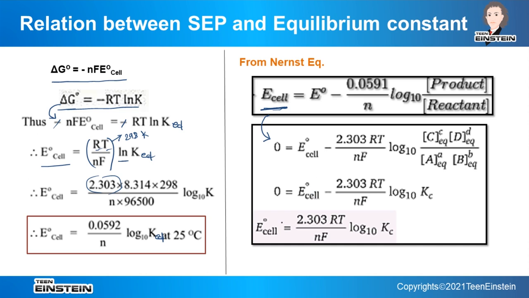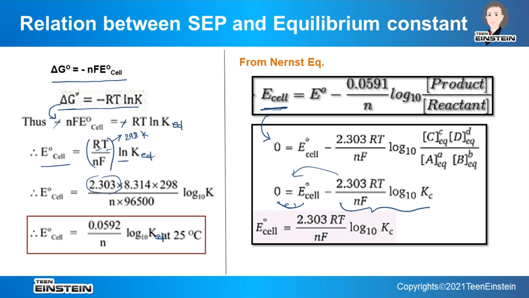Next, E naught cell we can bring to the left hand side, that is this total term. So ultimately E naught cell will be equal to 2.303 RT by nF log 10 Kc, that is the equilibrium constant.